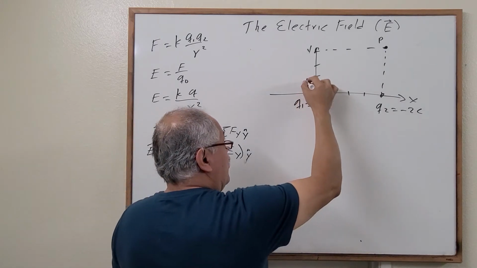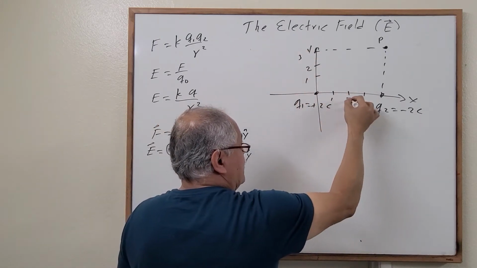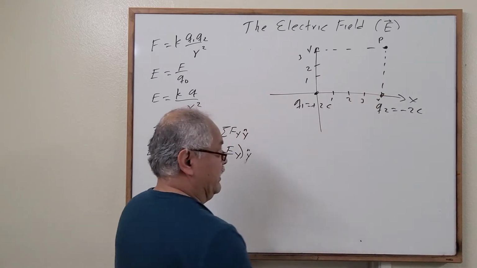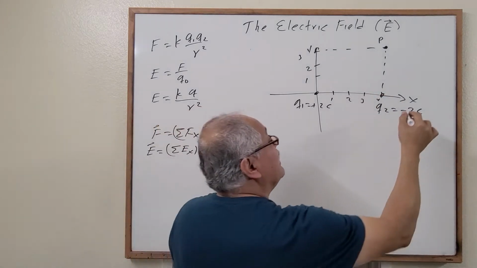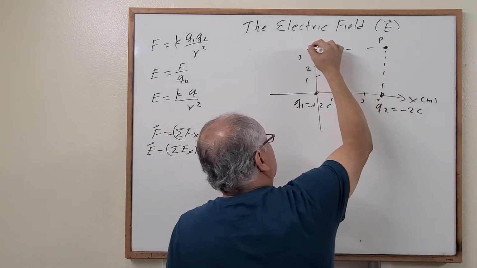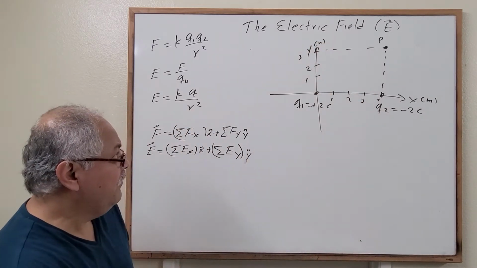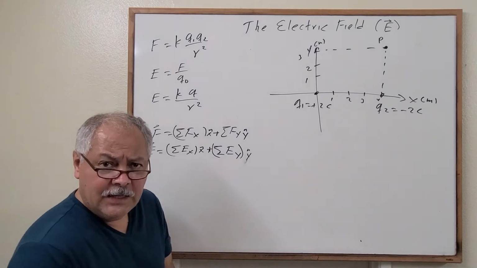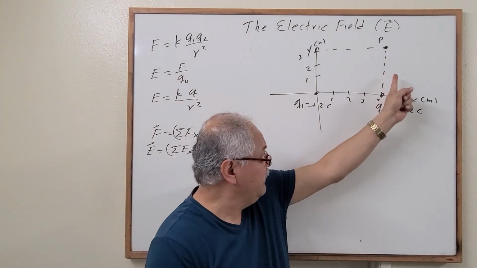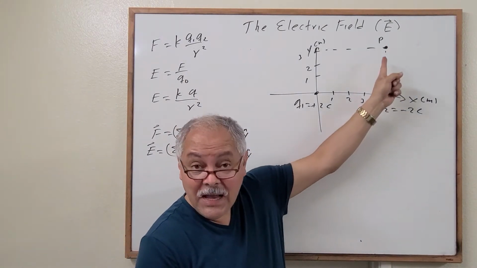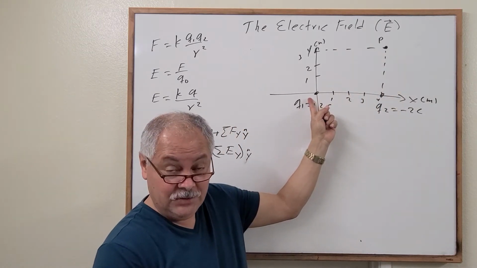Again, this is 1, 2, 3, and 1, 2, 3, 4, for example. These are distances in meters, and y is also in meters. How can we find the electric field at this point? Well, it's going to be the electric field produced by this charge plus the electric field produced by this charge.